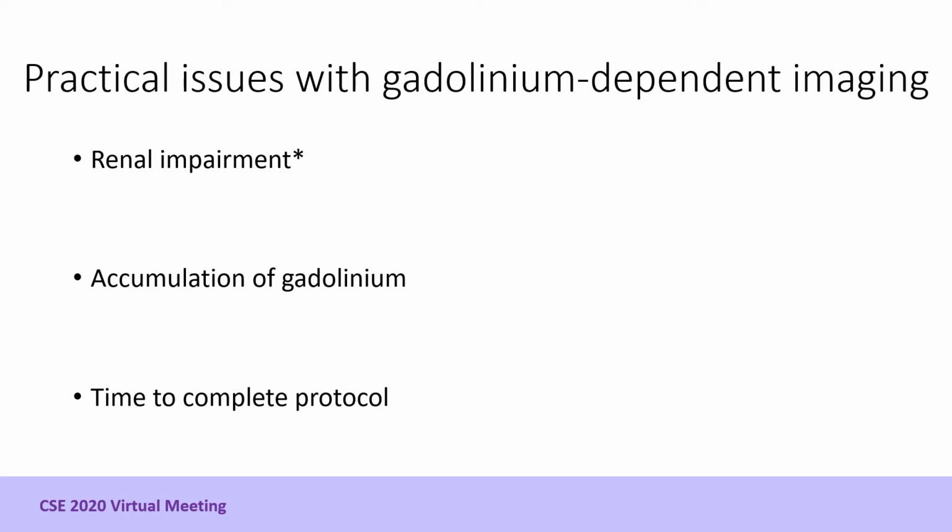There are newer agents which are more stable and have a very low risk of nephrogenic systemic fibrosis, and this has led to revision of the recommendations from the Canadian Association of Radiologists. At present time, they suggest that newer, more stable agents such as gadoteric acid, which is macrocyclic and ionic, can be administered to patients with an eGFR of less than 30 on a case-by-case basis, particularly where cardiac MRI is needed for clinical reasons and there's no suitable alternative test.